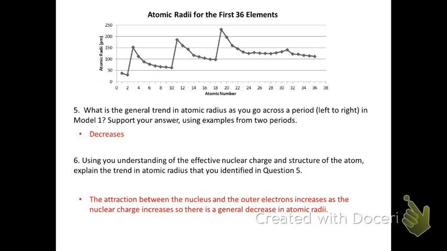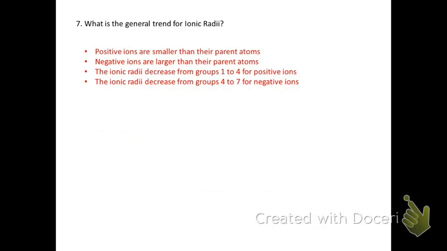Alright, so now let's look at ionic radii. We've looked at the radius of atoms that are neutral, and now we need to look at the radii of atoms that are ionic, that are ions essentially. Let's take a look at the general idea.